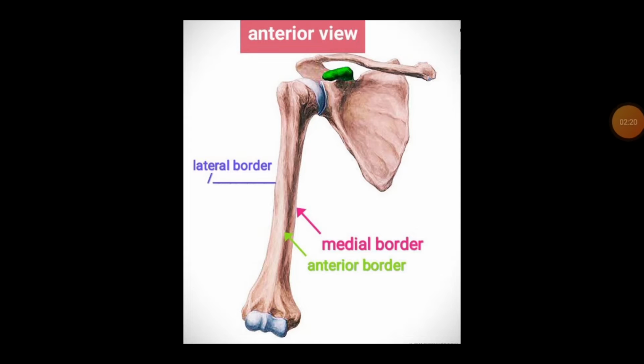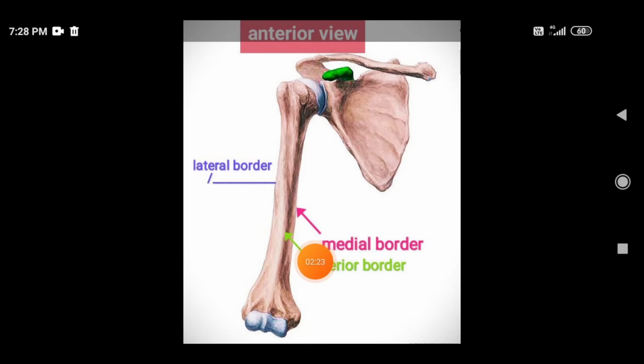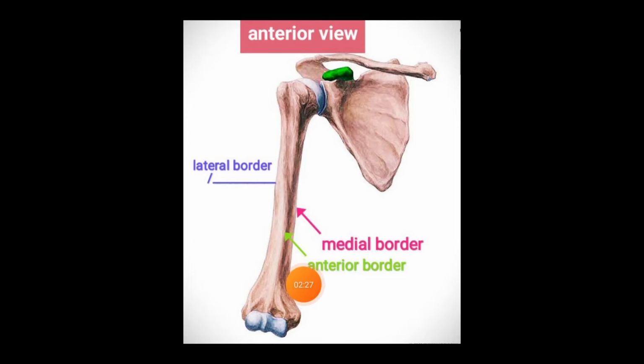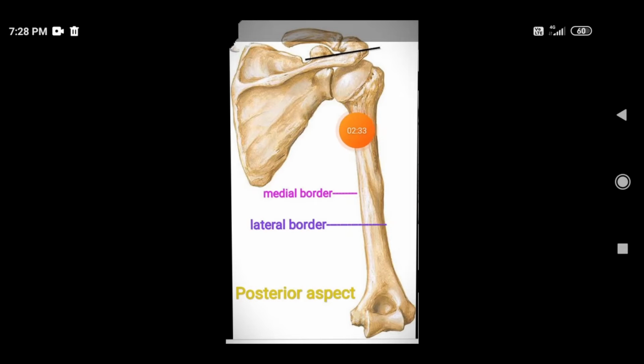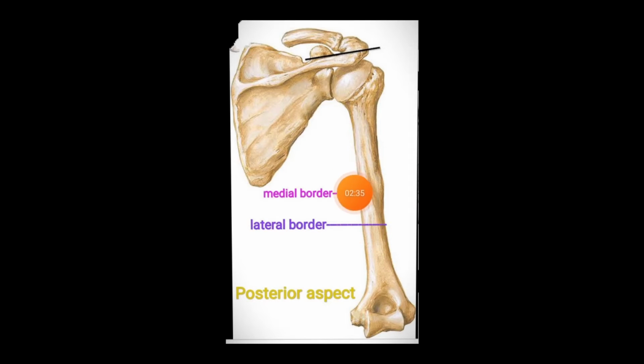It is continuous below with the medial condylar ridge. This is the medial border of the posterior aspect, and this is the medial supracondylar ridge.